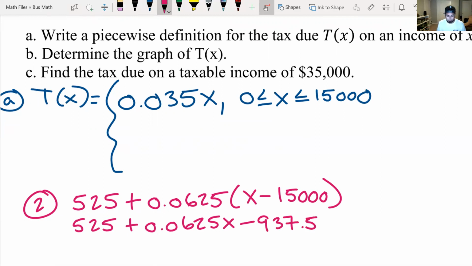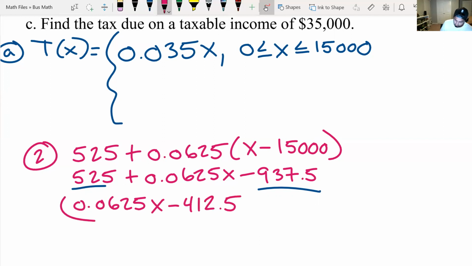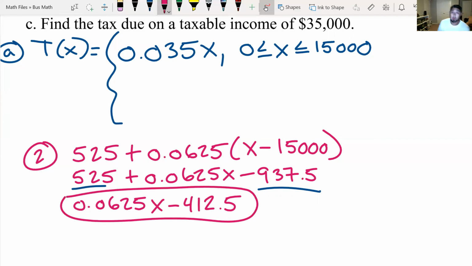And then you'll add these two, and you will get 0.0625x minus 412.5. And now we have found the second part of our piecewise function.